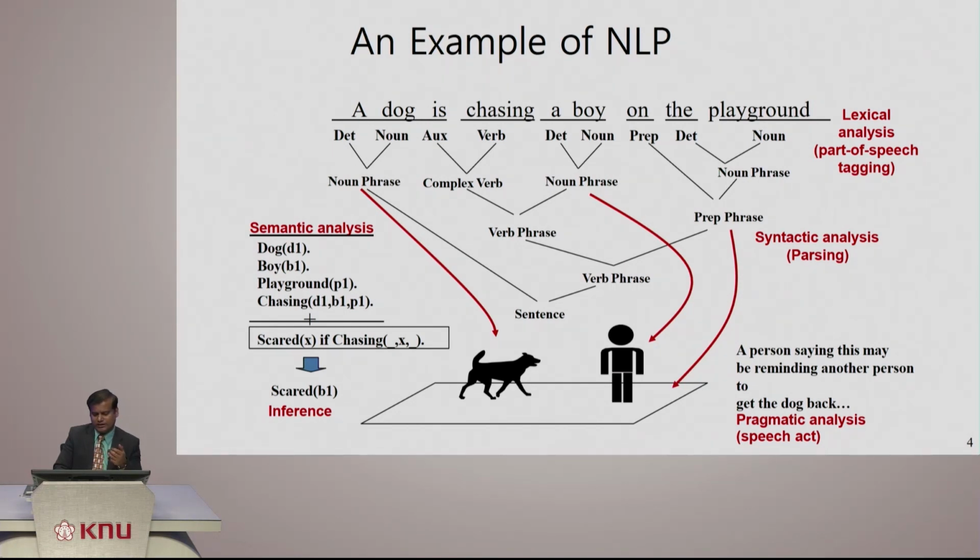Well, anyway, what we discuss here is just one sentence. So the part of speech tagging is done in this case. Let's try to understand further in this context and see how this can help us to understand the whole system. So a dog is a noun phrase, and then you have the complex verb of chasing, and again a boy is a noun phrase, and we are trying to understand this language, how it has been used by combining two words.